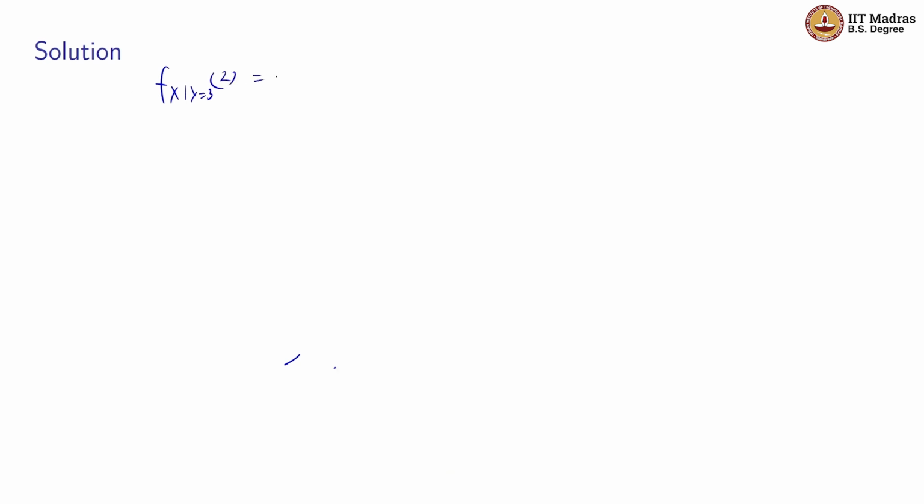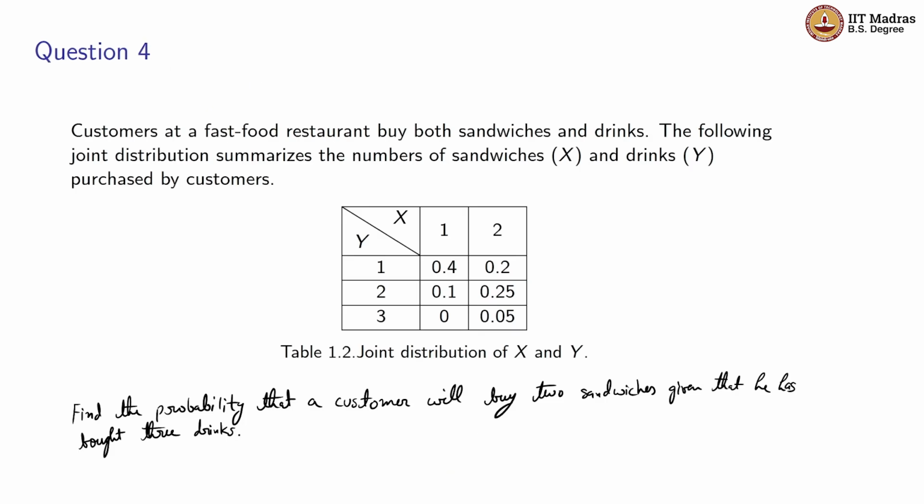So on using the definition of conditional, this will be equal to joint by marginal, that is joint probability that X is equal to 2, Y is equal to 3 divided by marginal Y is equal to 3. So from the table, the marginal that Y is equal to 3 will be equal to the sum of the probabilities of this last row, because for finding the marginal in this case, we will sum the probabilities of all possible xy pairs where y is equal to 3 is fixed and x takes different values.